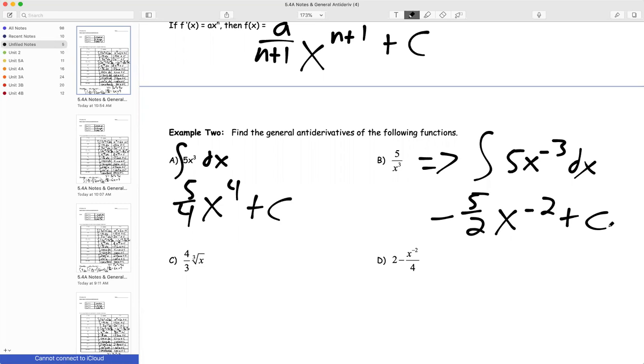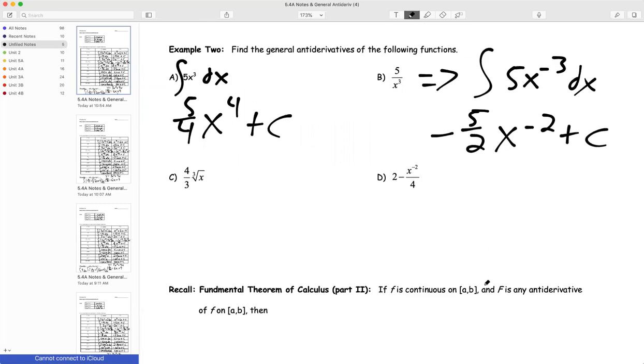And then I need my plus c. Okay, well, how do I rewrite this one? That's going to give me the integral of 4/3 x raised to the 1/3, and then I need my dx.